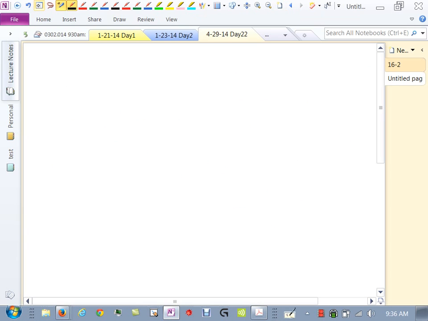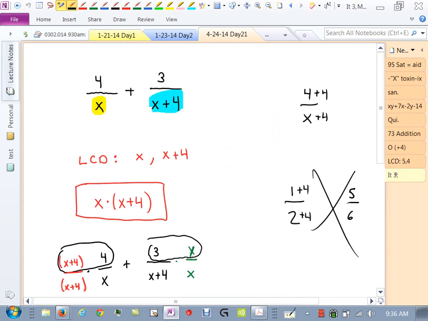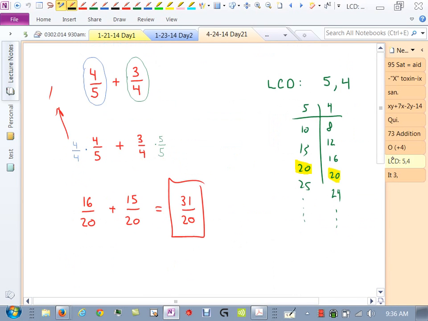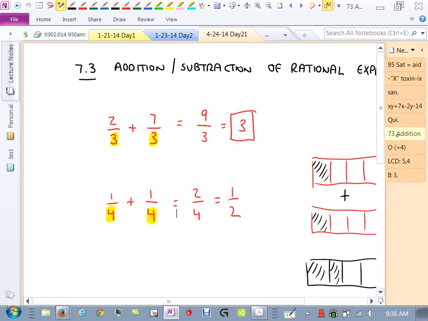Okay. What we ended class with last time, just to remind you, we were talking about, how do we add fractions? How do we add fractions if they have the same denominator? And that was the easiest case. We just added up the numerators. Here, same denominator, we add them up.